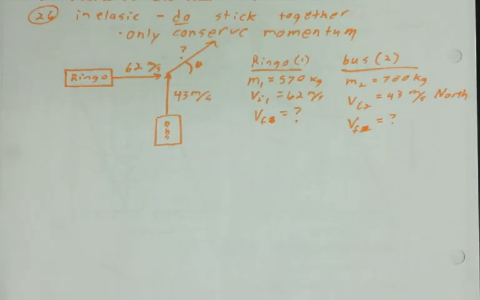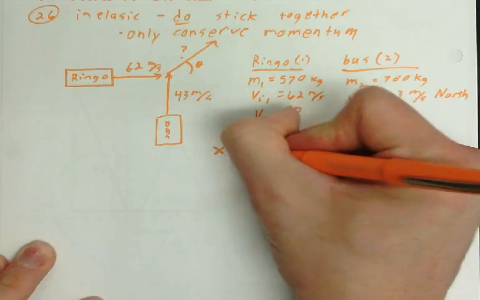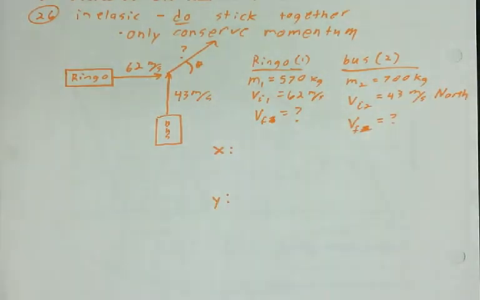I will give you a little bit of a hint here. You have to divide this problem into 2 parts: the x direction and the y direction. You got to treat them separately. So, see what you can figure out.